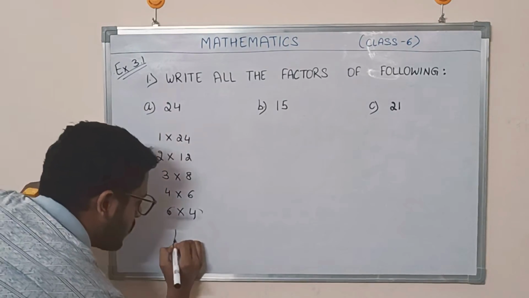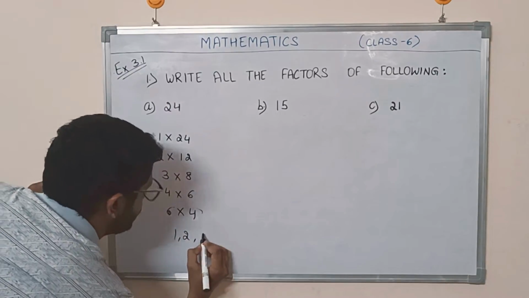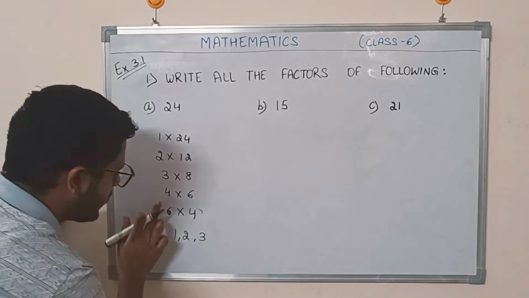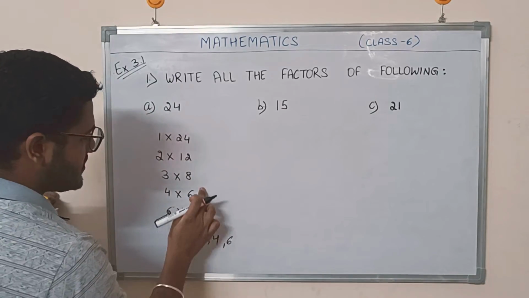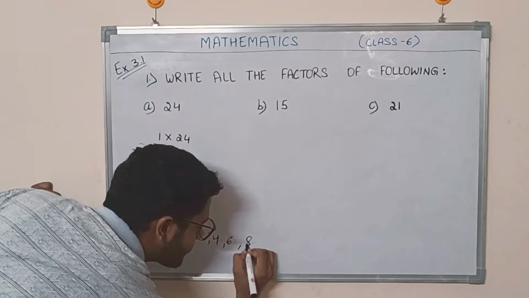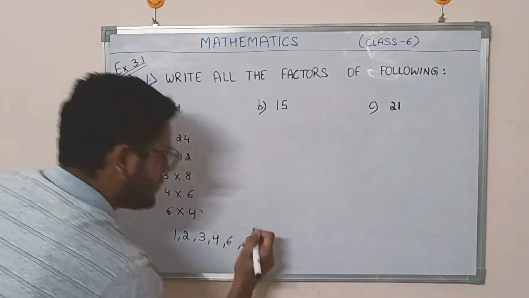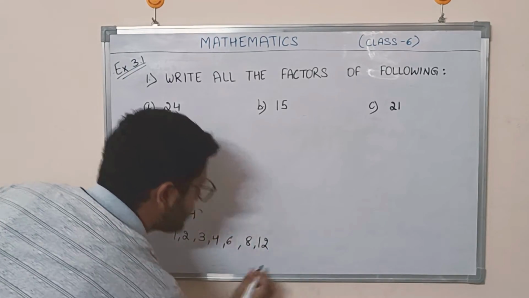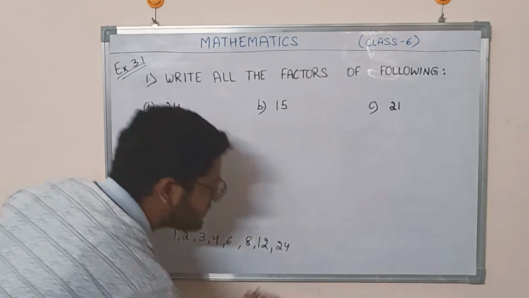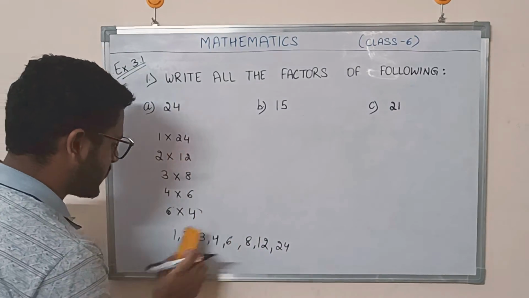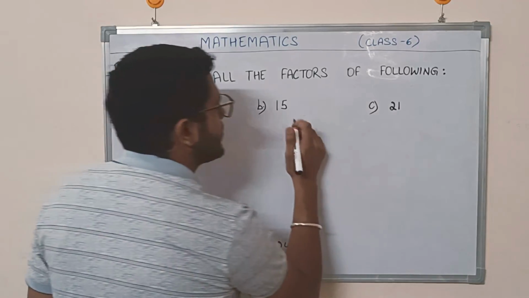Let's write down: 1, 2, 3, 4, 6, then 8, then 12 and then 24, right?